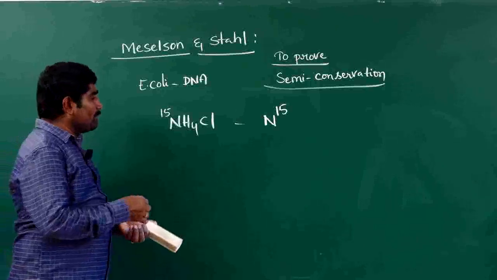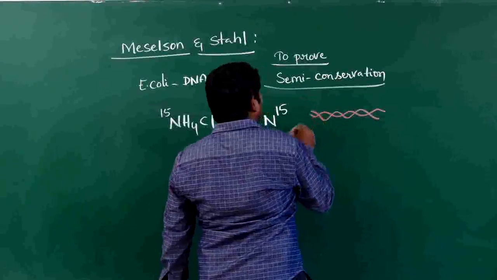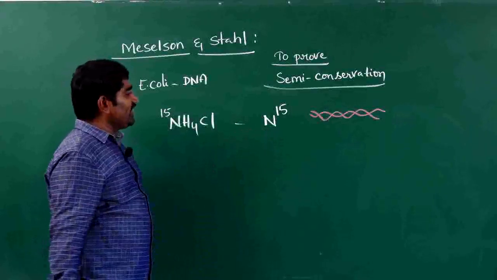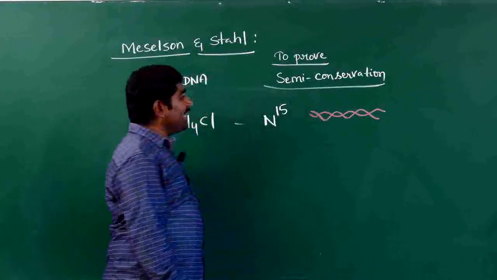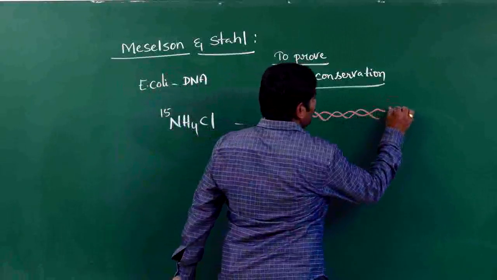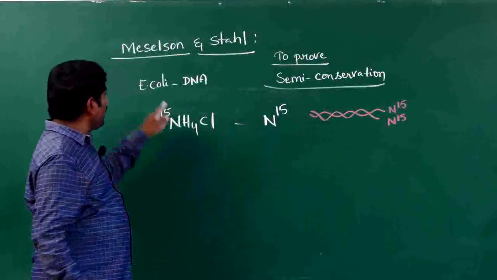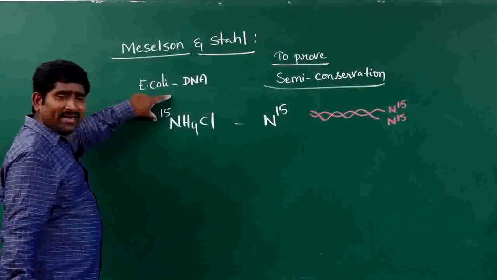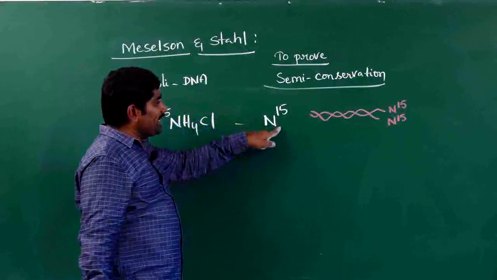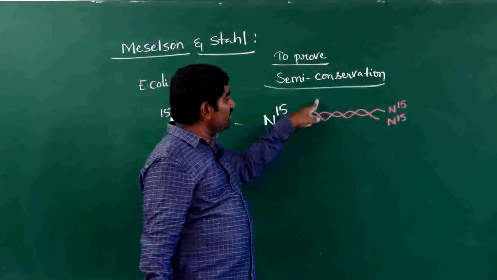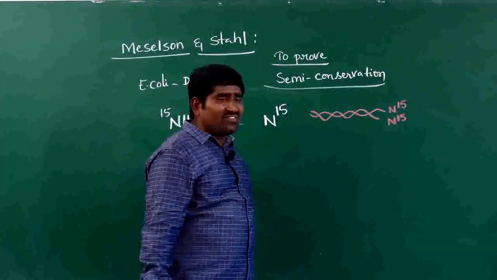When they grew E. coli in N15 for many generations, every nitrogen in the DNA became labeled with N15, so this is an N15 strand and this is an N15 strand. Now this DNA is considered N15 DNA.